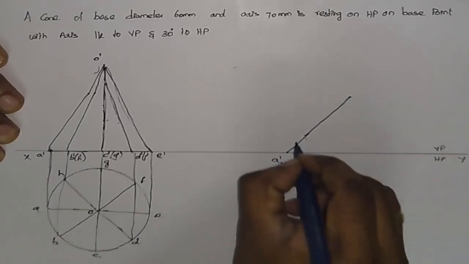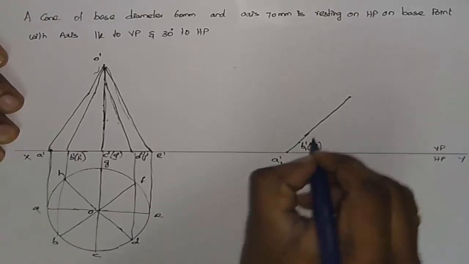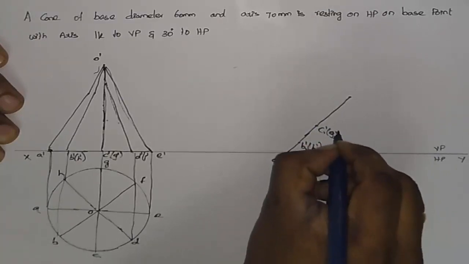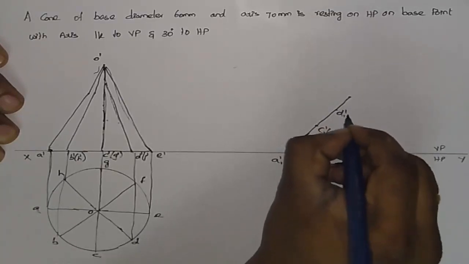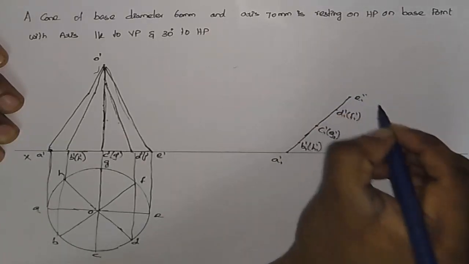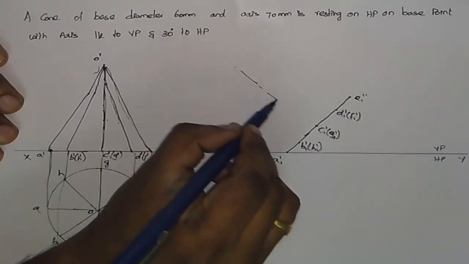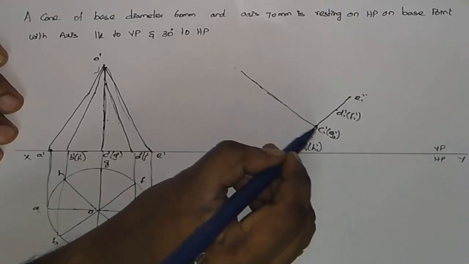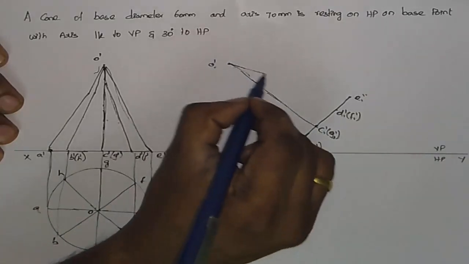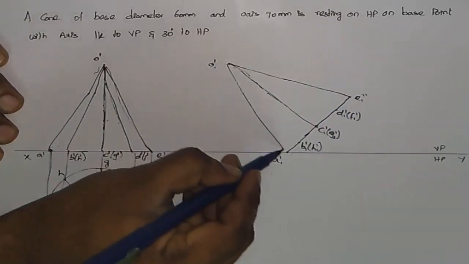This point is A1 dash, this point is B1 dash, H1 dash, and the center point is C1 dash, G1 dash, and here it will be D1 dash, F1 dash, and the last point is E1 dash. From the center point you draw the vertical line and mark the point O1 dash. Connect all the points. You will get the tilted triangle like this.